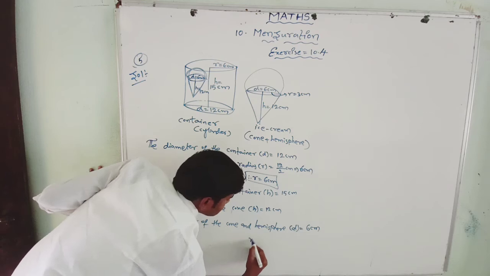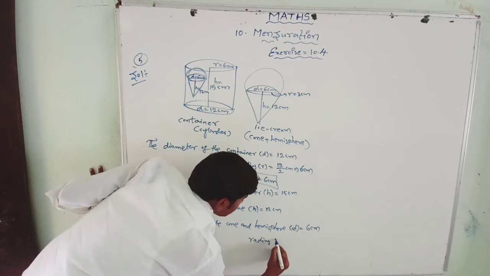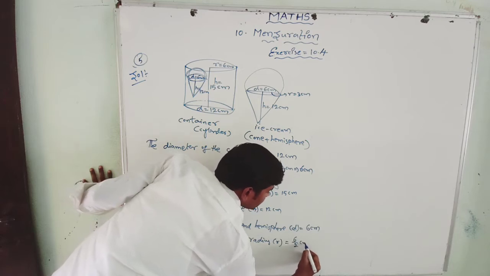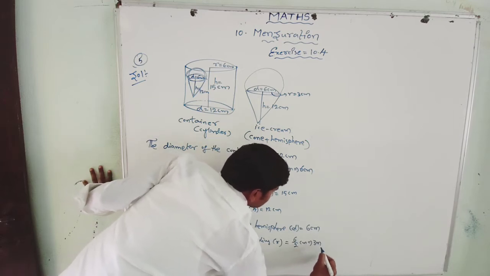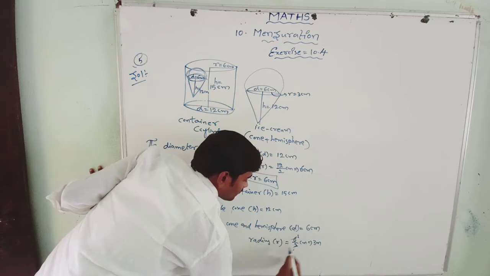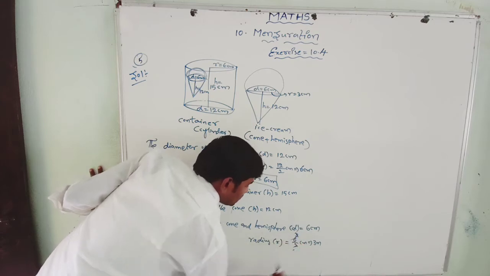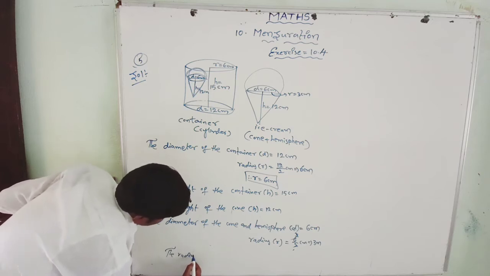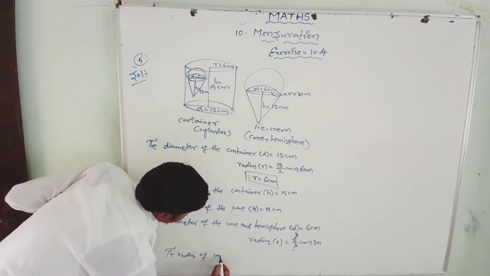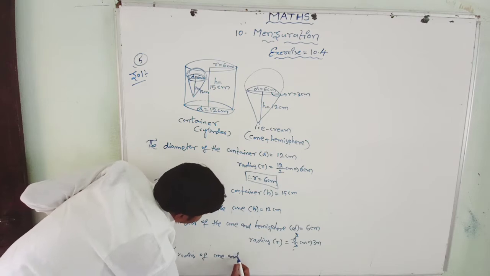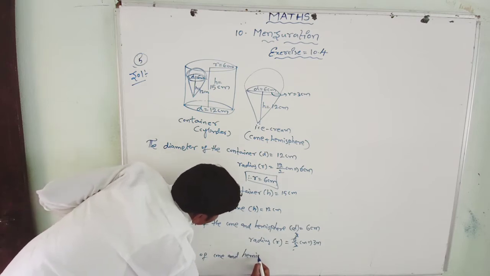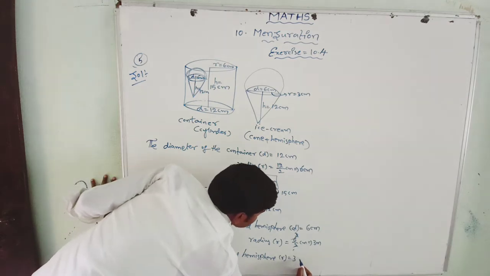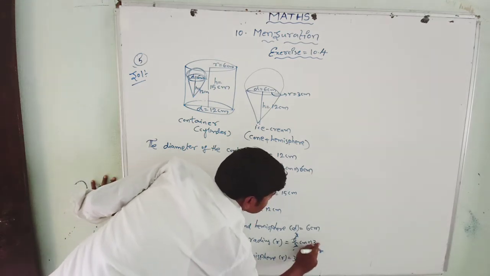Then the radius of the cone and hemisphere is 6 by 2 centimeters, that equals 3 centimeters. Yes, this is the radius of the cone and hemisphere, equal to 3 centimeters.